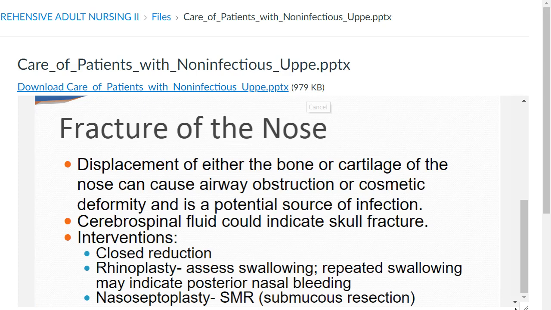It'd be a good idea, if you suspect that, to open up the oral cavity and check it with a penlight, and if you do detect some posterior bleeding, then it's important you call the doctor right away. Okay. But for the most part, our patients do go through a rhinoplasty as an uncomplicated procedure.